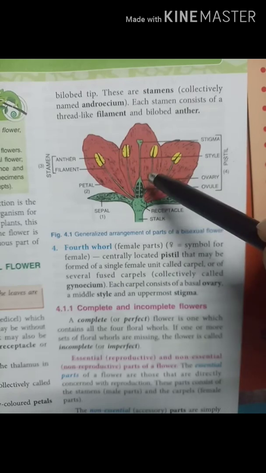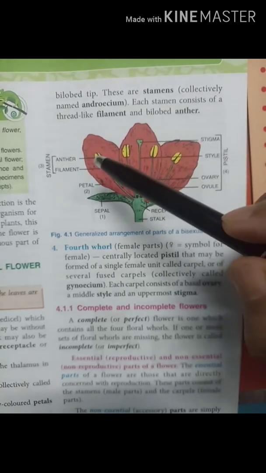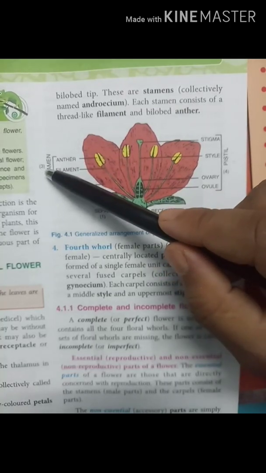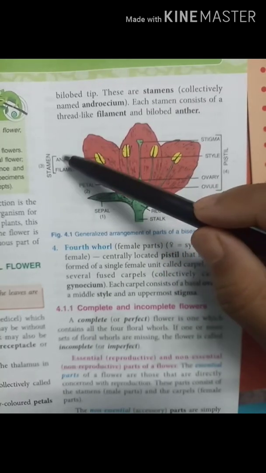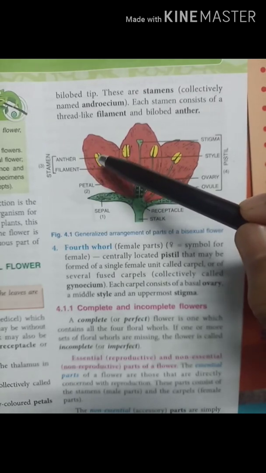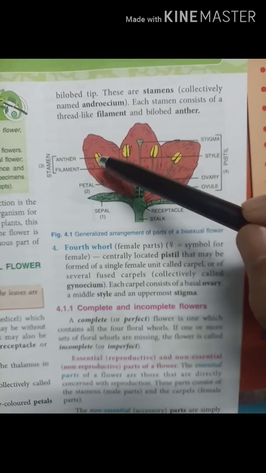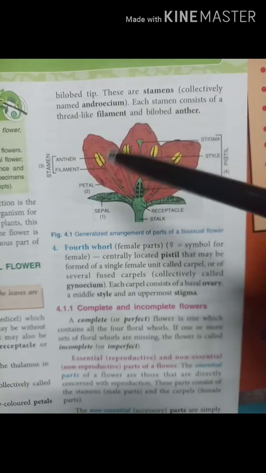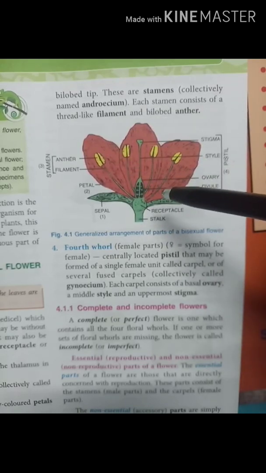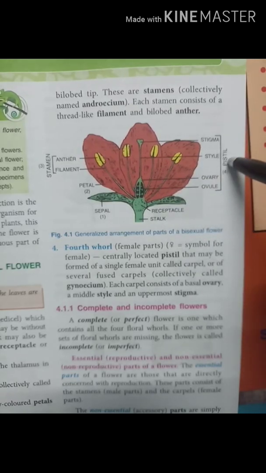The third whorl, from the outside, consists of the male part known as stamens. A stamen consists of anther and filament. Anthers are bilobed structures that contain pollen grains. The innermost or fourth whorl consists of pistils.